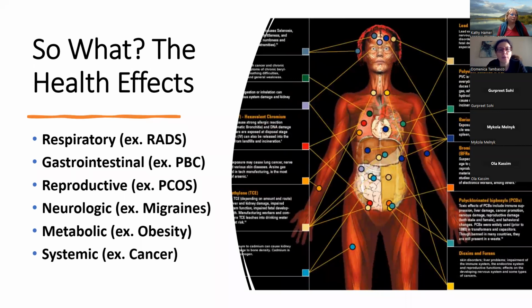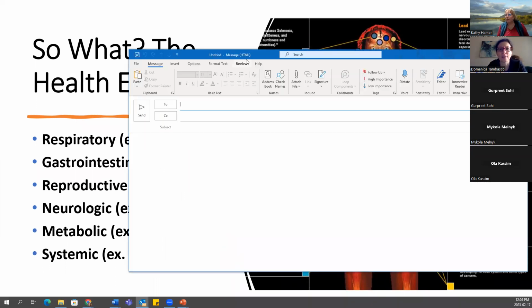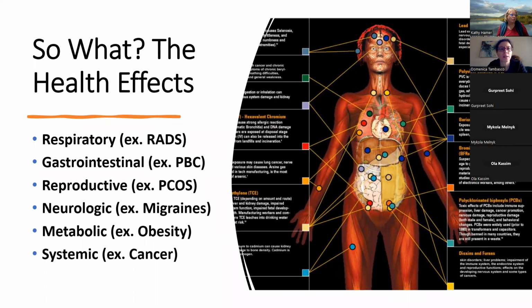We know from the literature, there's a lot of different effects on health, from the respiratory system to the reproductive system to systemic symptoms and diseases such as cancer. And even at low-level exposures to multiple chemicals, there's reason to be concerned about possible health consequences.